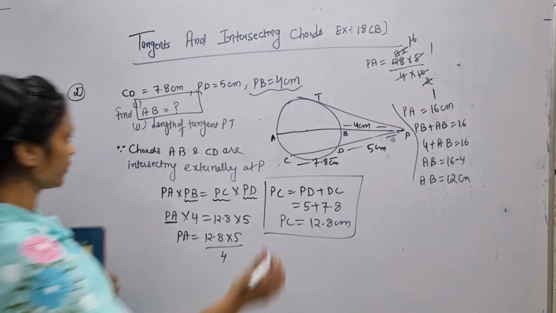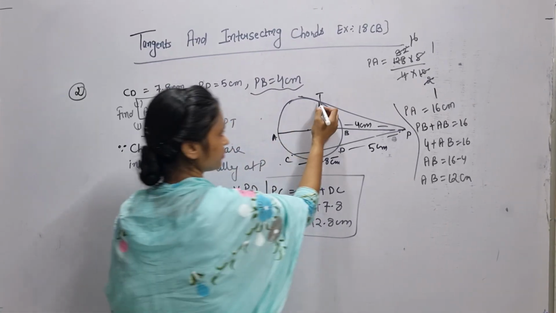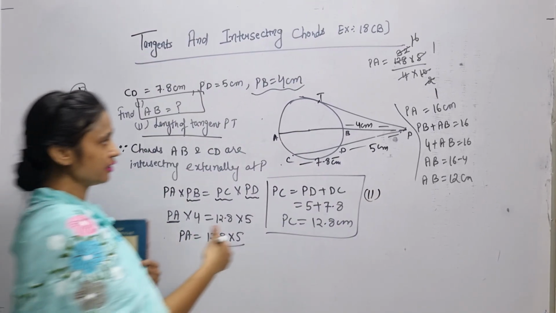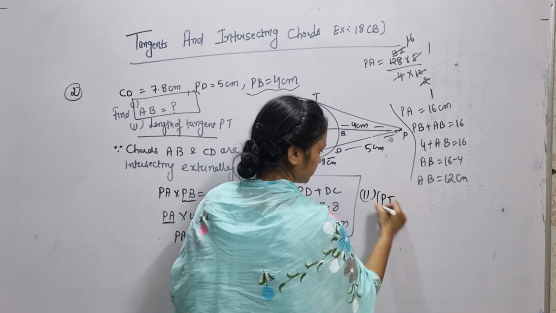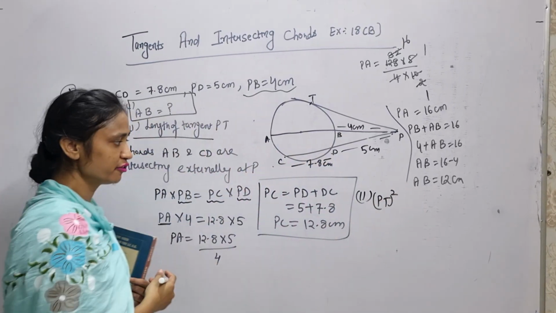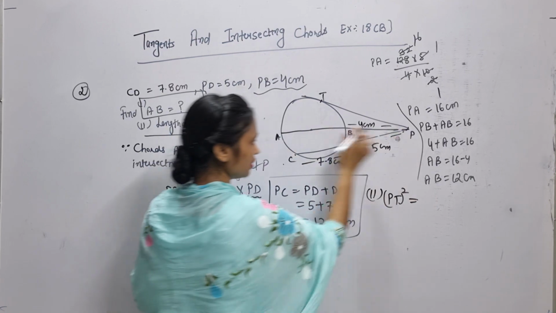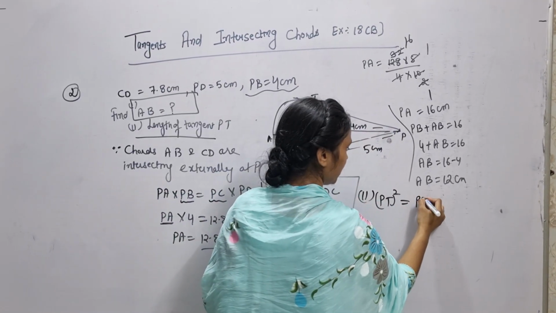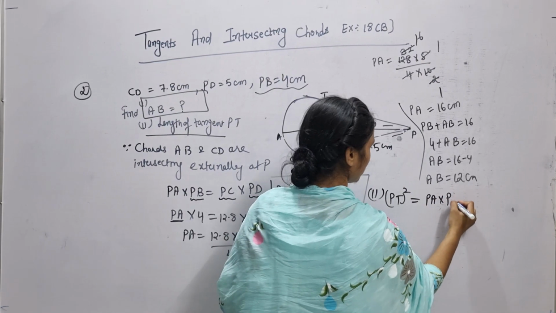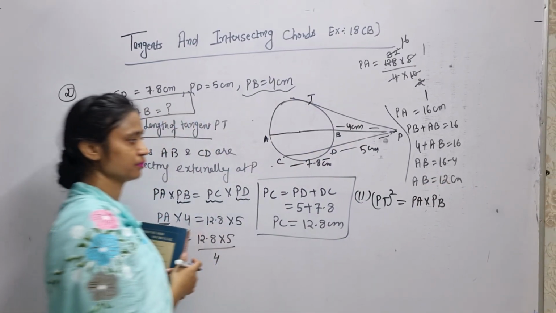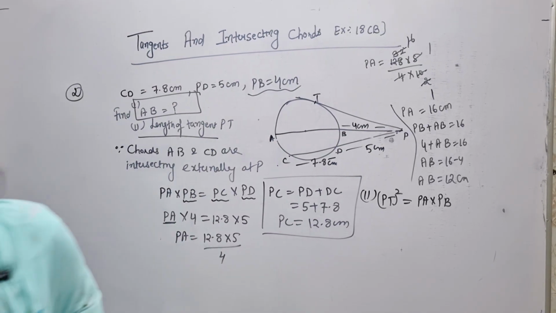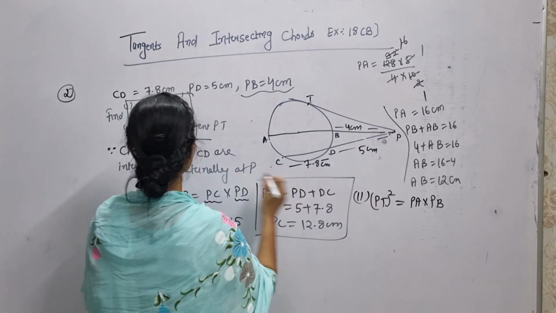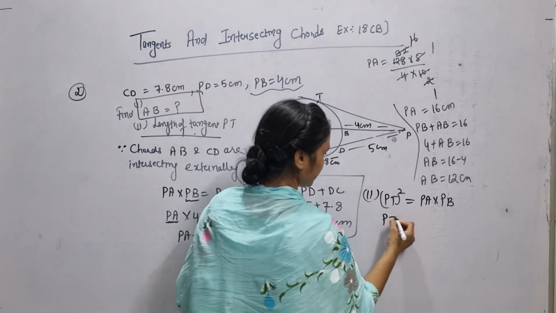See the next one. You need to find the length of PT for the second part. So we know that the length of the tangent squared will be equal to the product of the segments of the chord. It can be written as PA into PB. So PT square, we need to find the length PT.